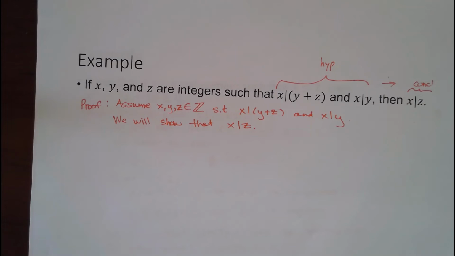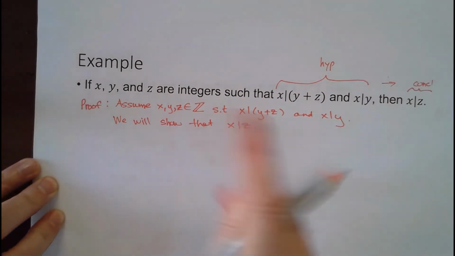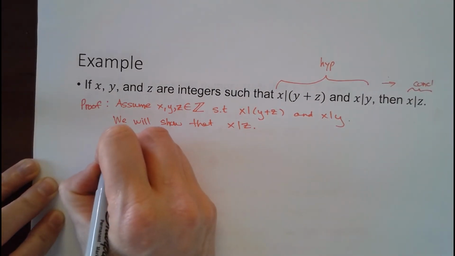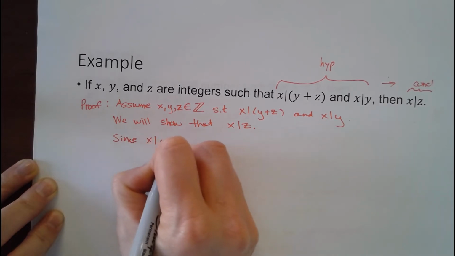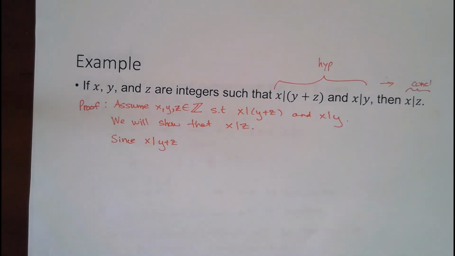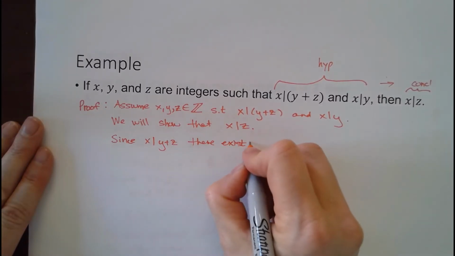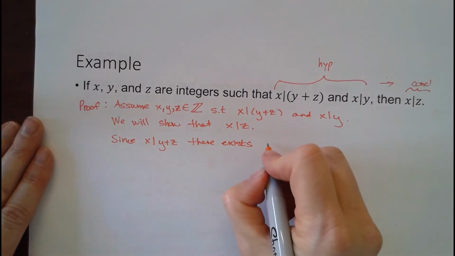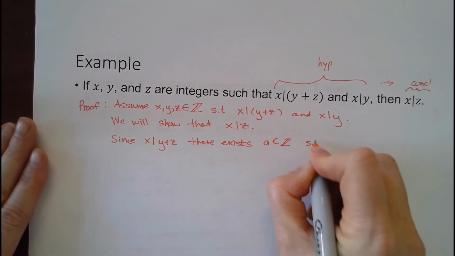And so just like we've done when we've had odd or even or things like rational numbers, we always relied on the definition. That's the same thing we want to do here. So we have to think about the definition. So since x divides y plus z, there exists, I'll call it an integer a, such that what is true?